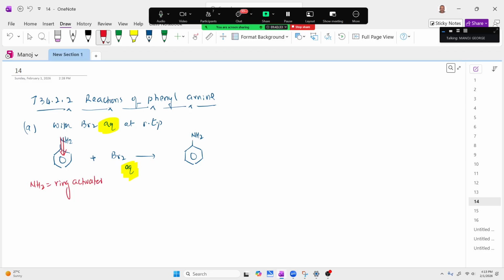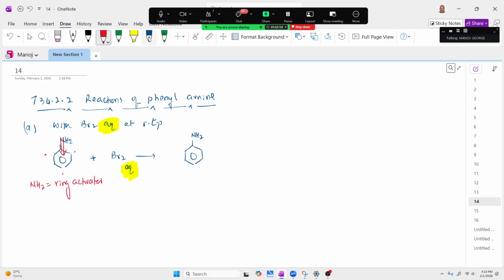It pushes the electrons into the benzene ring, increases electron density at position 2, 4 and 6. Remember this? Increases electron density at position 2, 4 and 6. It makes the polarization of electrophile more easy. These are very, very key sentences Cambridge always looks for.